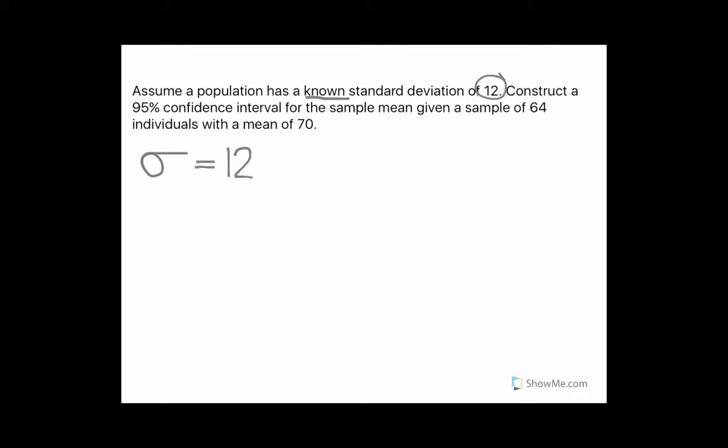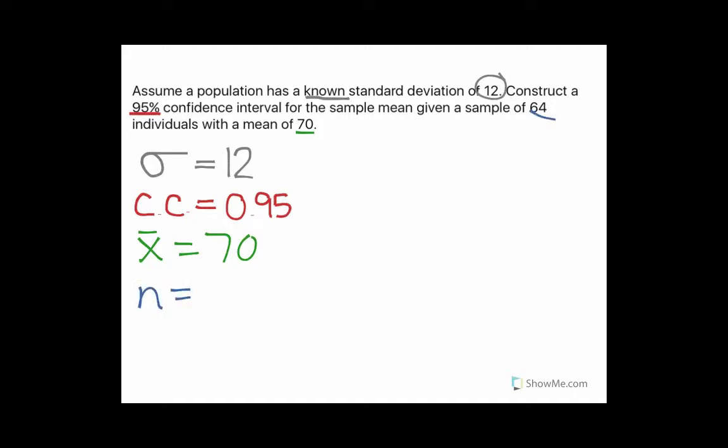We also have that we're doing a 95% confidence interval, so our confidence coefficient is 0.95. The sample mean was 70, so x bar is 70. Our sample size is 64, so n is 64.